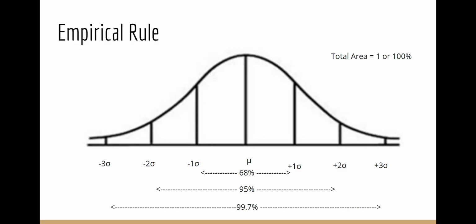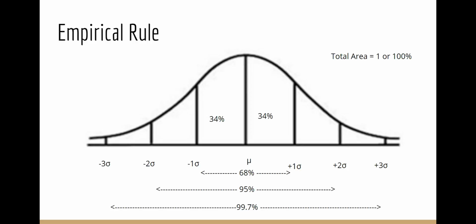Then 3 standard deviations away from the mean is 99.7% of our entire data. Okay, so the probability that something is going to occur within 3 standard deviations above or below the mean is 99.7%. So almost 100% probability that something would happen.